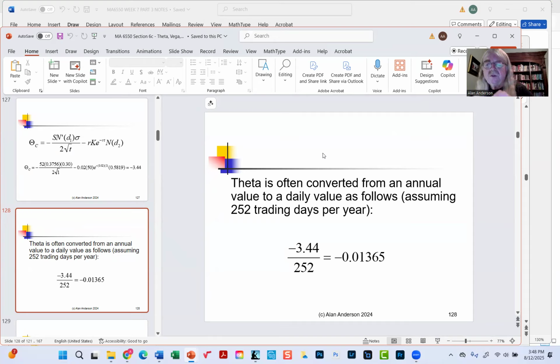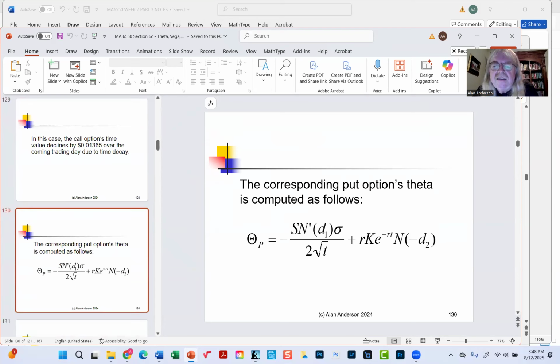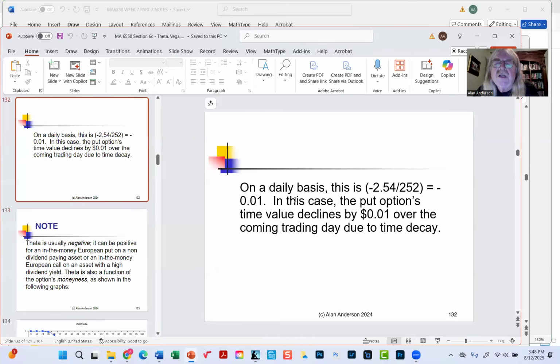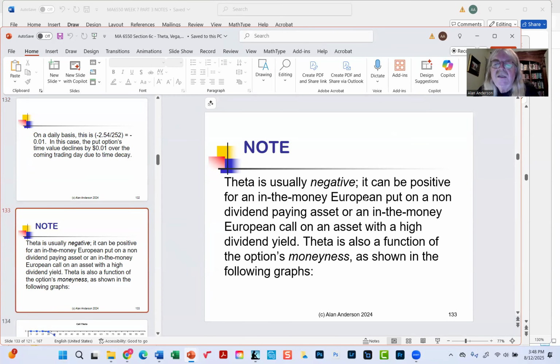So what this says to me is that every trading day that goes by, the time value is declining by about 1.365 cents. If you do the same thing with the put, in this case, it was negative 2.54, which means you're losing about one cent on a daily basis.